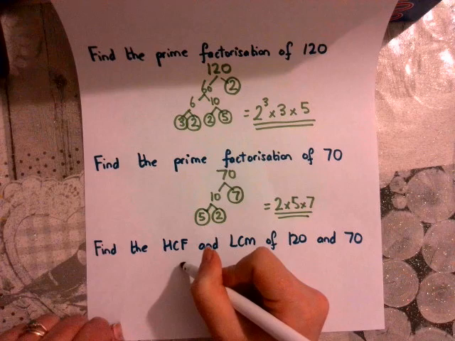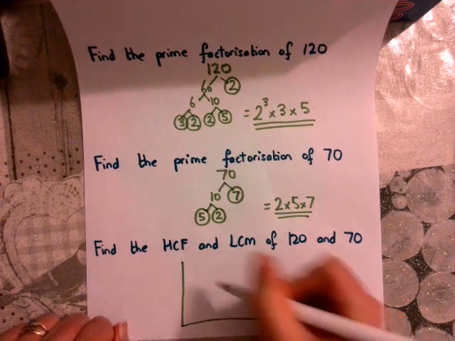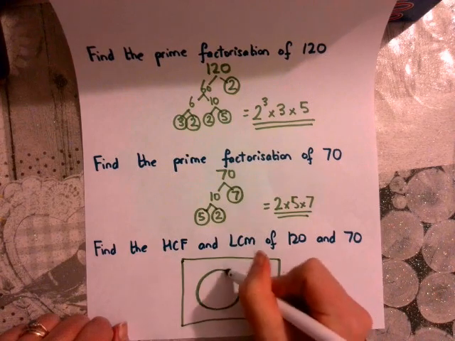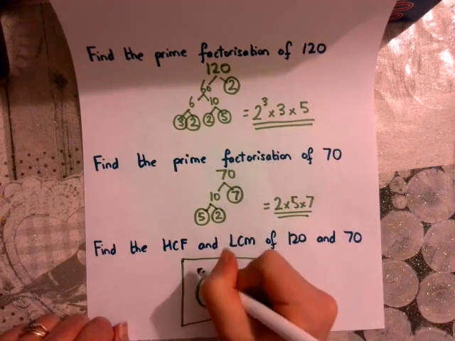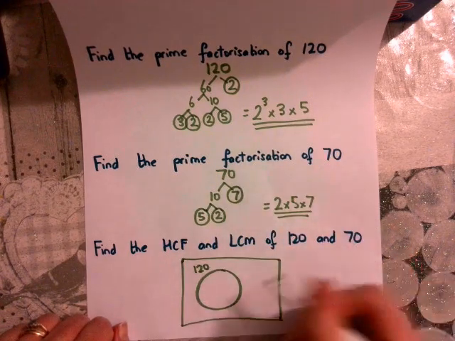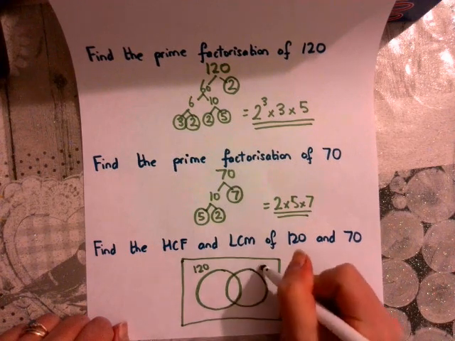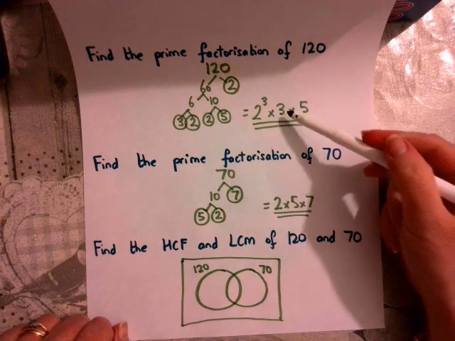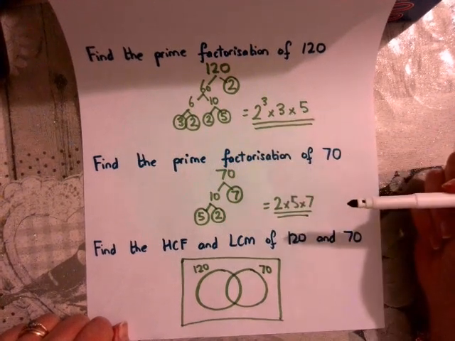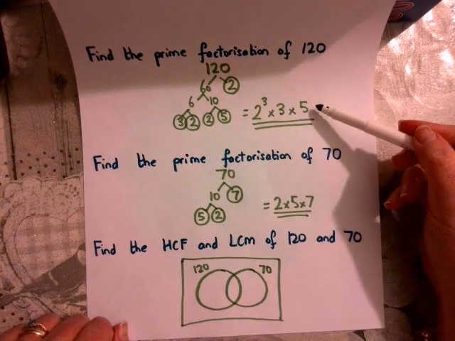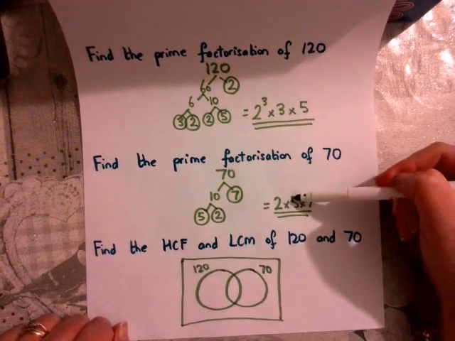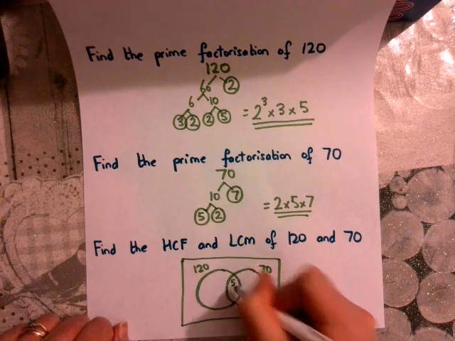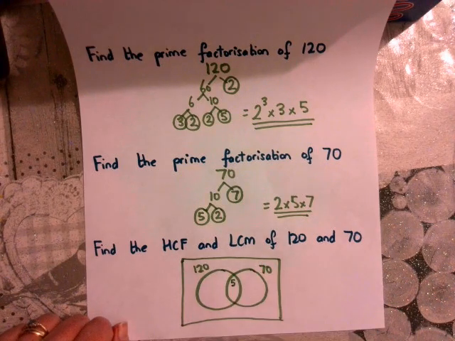So first of all, I'm going to draw a Venn diagram like this. And I'm going to do a circle for the 120 and then a circle for 70, like that. And what I'm going to do is look at what comes in both factorizations. So for example, I've got a 7 here but no 7 here, but I have got a 5 here and a 5 there, so I can put that in the middle because they both have a 5.